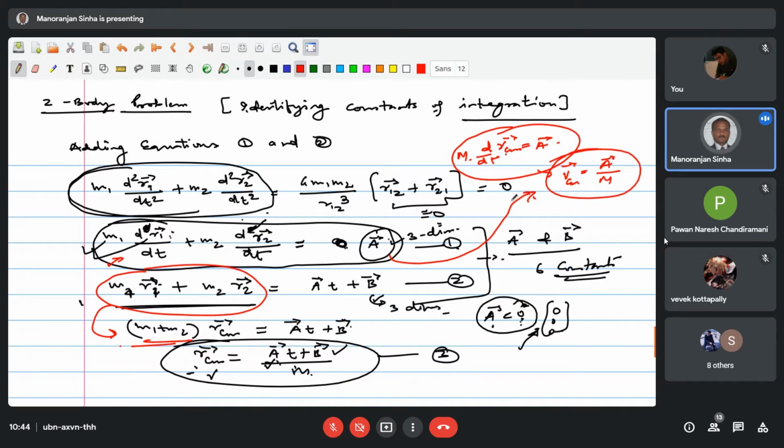Just like two particles which collide and stick to each other, still the internal force is there between them. In the same way, here the mutual gravitational attraction is acting like an internal force to the system. Therefore, the center of mass of this two particle system moves with a constant velocity, or is at rest, depending on the initial condition, how it was right in the beginning.